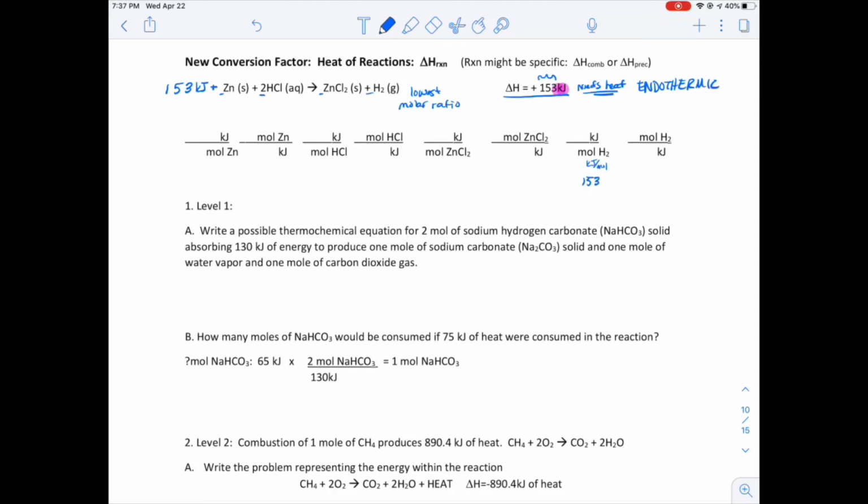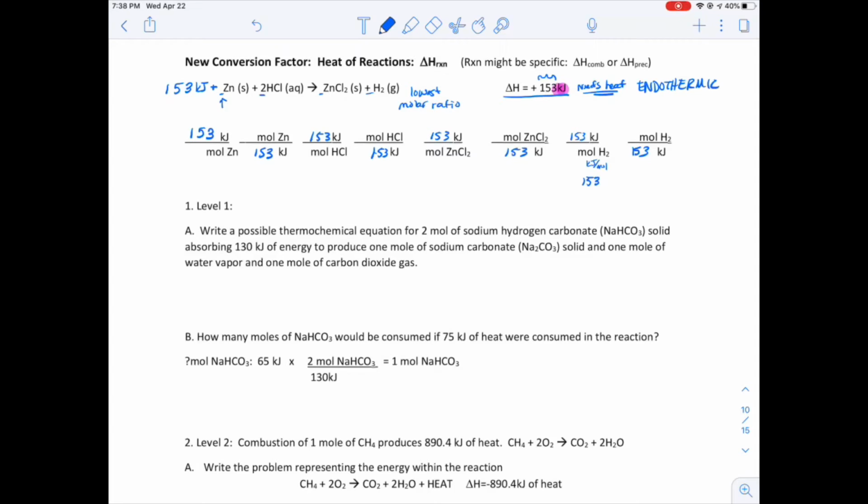So this is also a way to do more factor labels. You'll like this in a way because it's not new. We're just adding one more tool to your factor label toolbox. So in all of these cases, the energy is 153. What matters is looking at those coefficients.